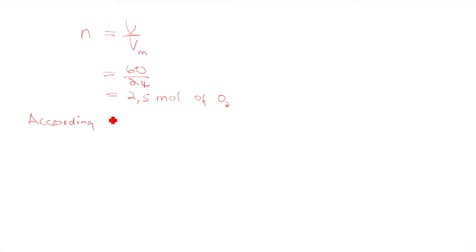According to the balanced equation, we have there H2O2, and then you have O2. And because the aim here is to get the number of moles of H2O2, guys. Right, there you go. We have here as 2,5, and that was for oxygen, all right?